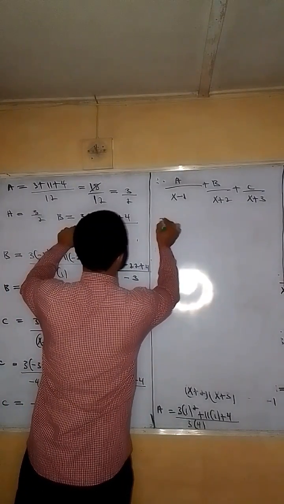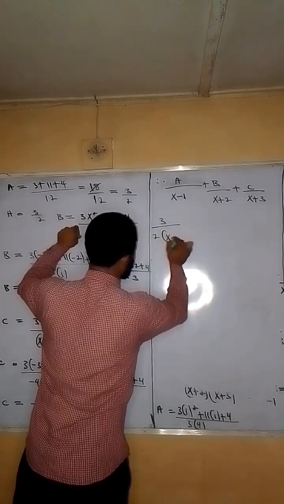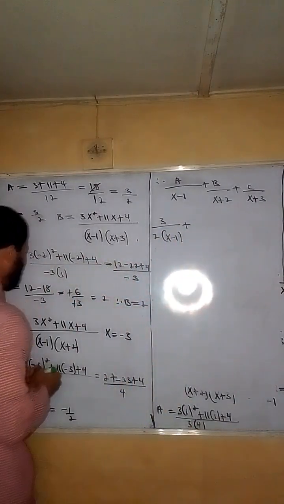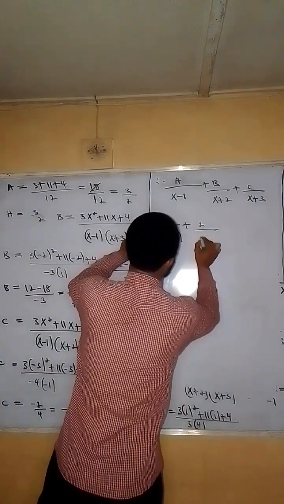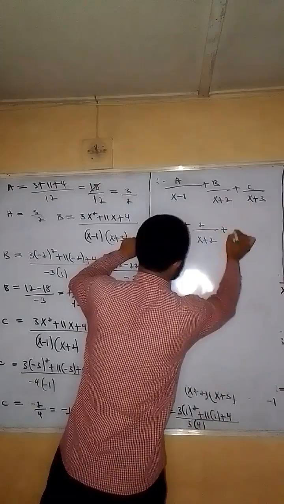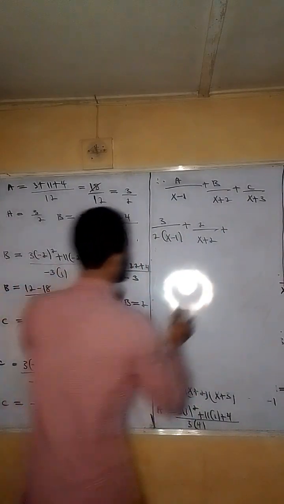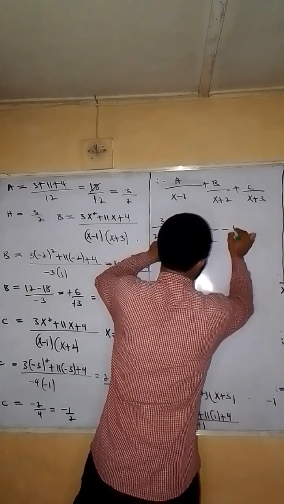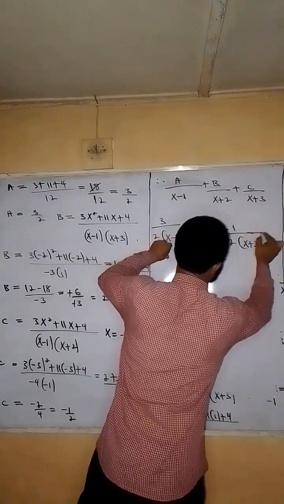So we are going to have 3 divided by 2 bracket s minus 1, plus, we have already gotten B, B is 2, divided by s plus 2, plus, we have already gotten C, C is minus 1 over 2 bracket s plus 3.